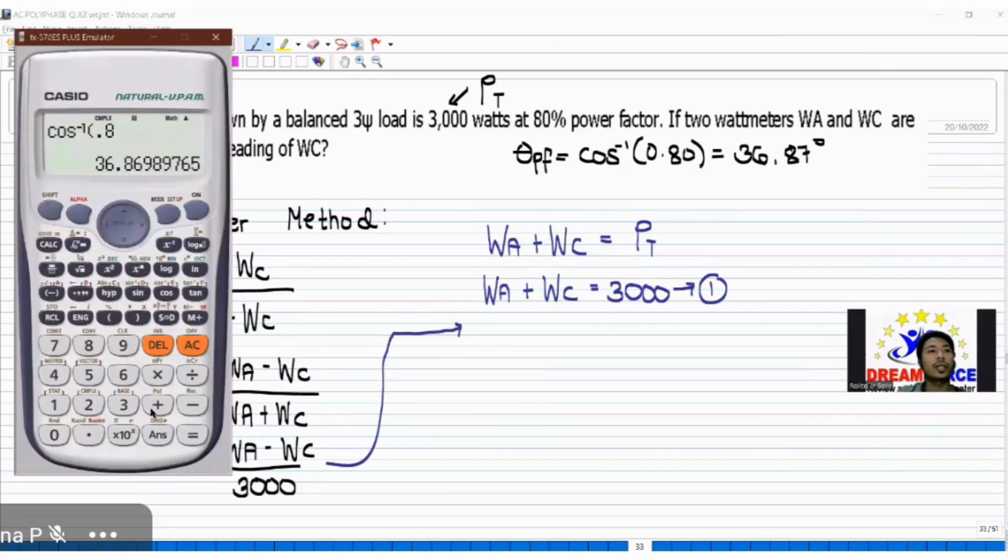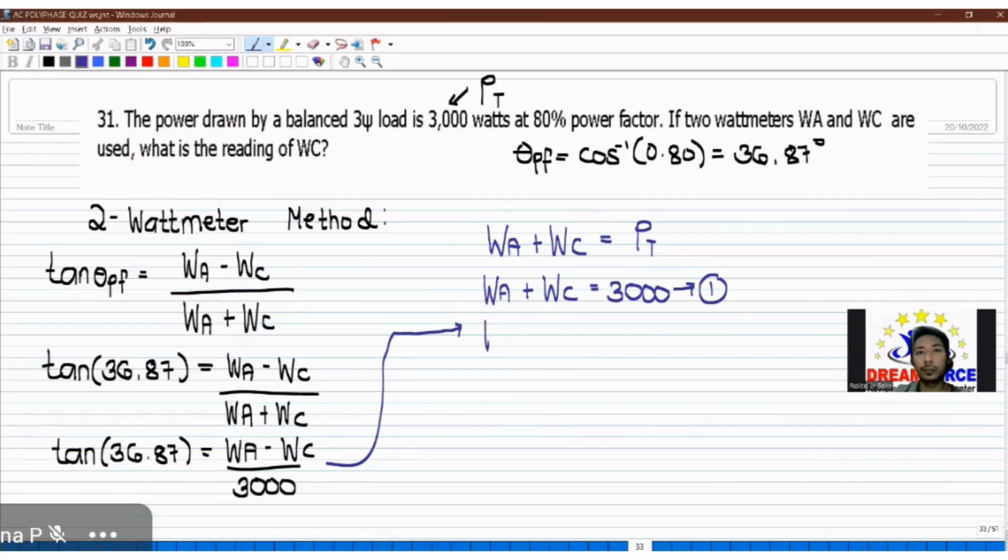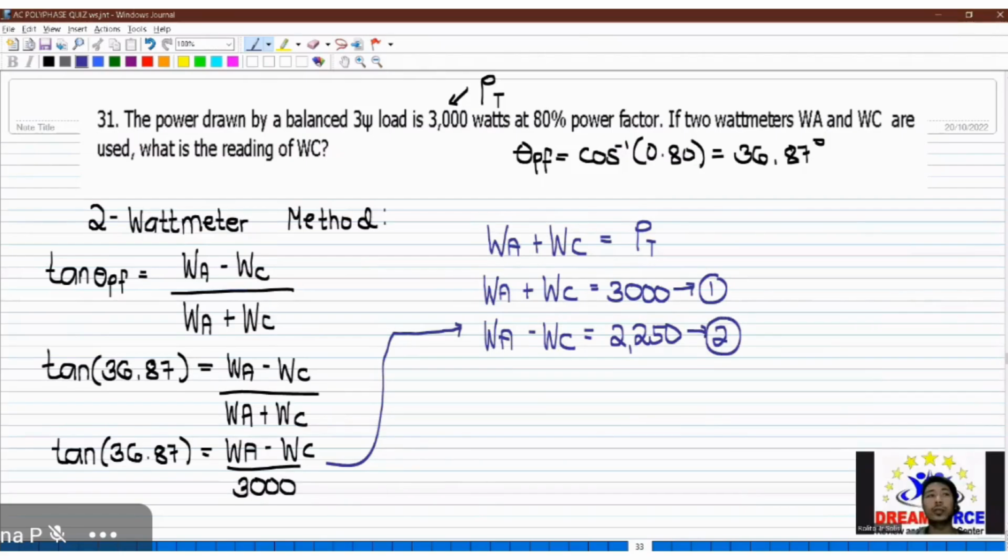Cross multiply, so we have 3,000 times tangent 36.87. This one is 2,250. Therefore, watt A minus watt C is also equivalent to 2,250. Equation 2.